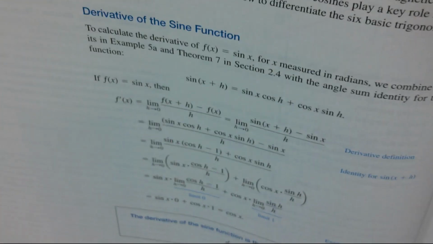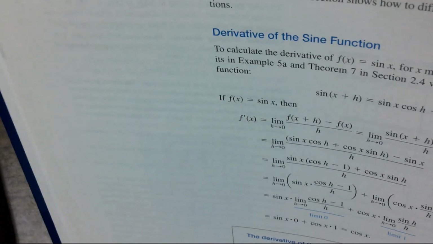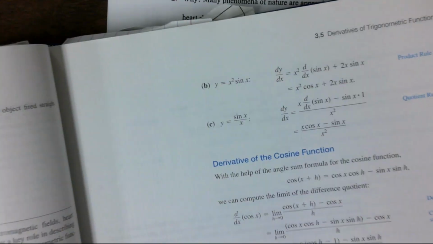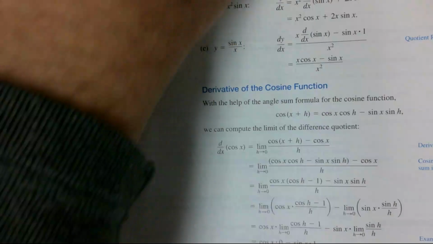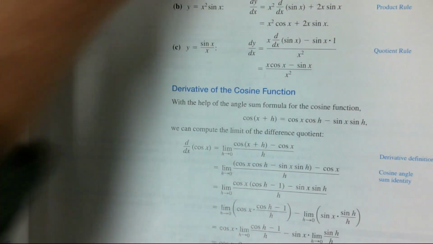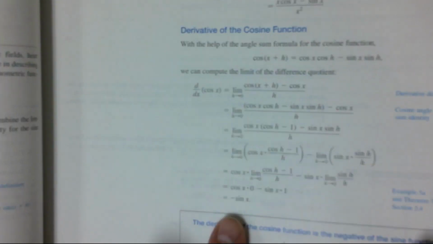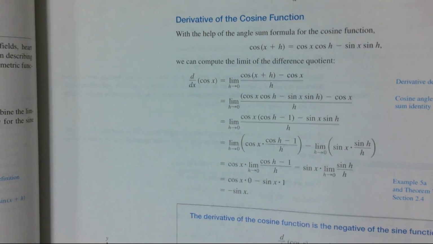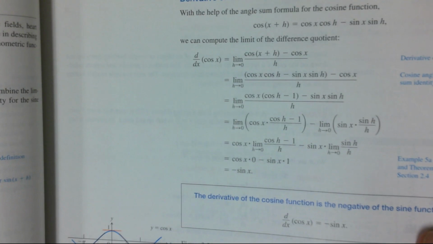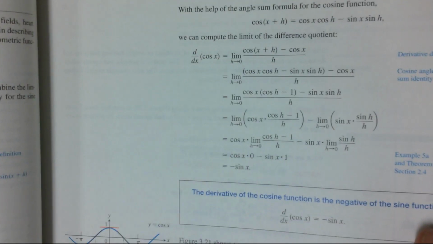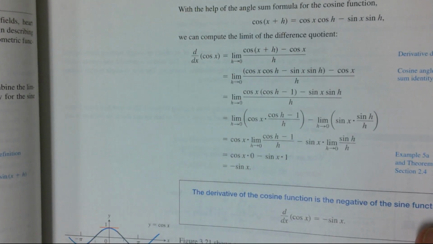Okay, so there's your proof right there. And then the derivative of cosine proof is right there, that it becomes negative sine. Again, I don't want to do proofs. This isn't geometry. And for high school calculus, we're not doing proofs on these functions.